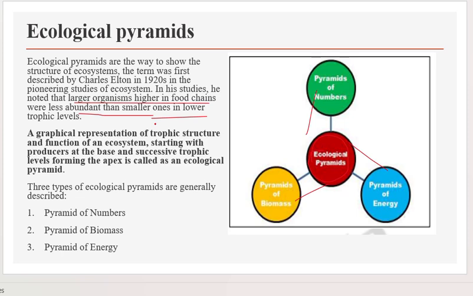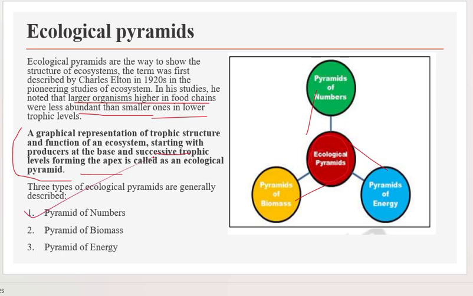Okay, the proper definition of an ecological pyramid is a graphical representation of the trophic structure and function of an ecosystem, starting from the producer at the base and successive trophic levels forming the apex. There are three types of ecological pyramids generally described.